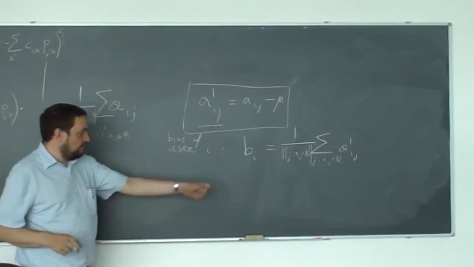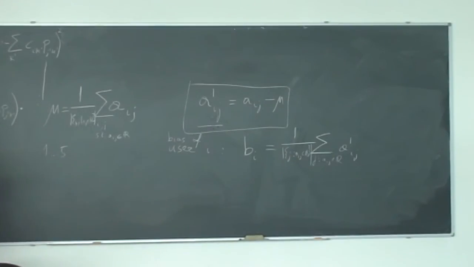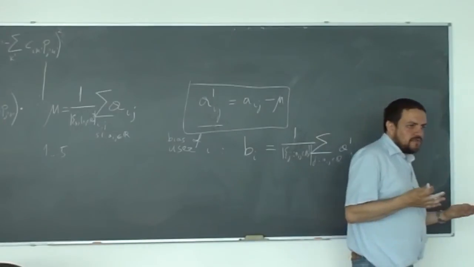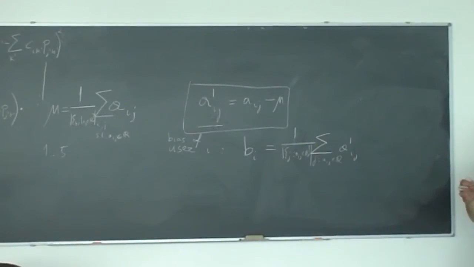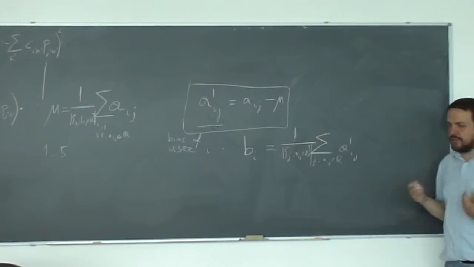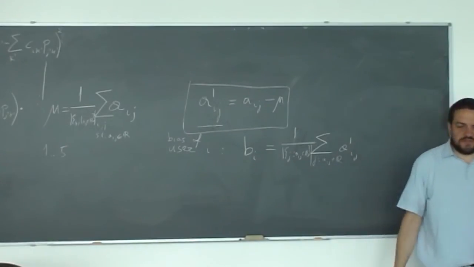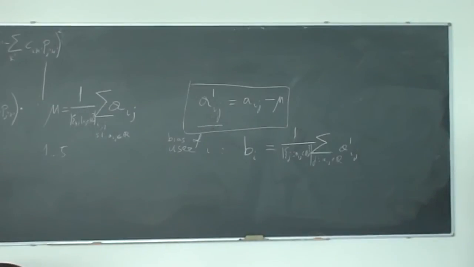So, if b_i is positive, it means that user i tends to give better votes than the average user. So he tends to like the items more with respect to the average user. If b_i is negative, it means that the user is more difficult.